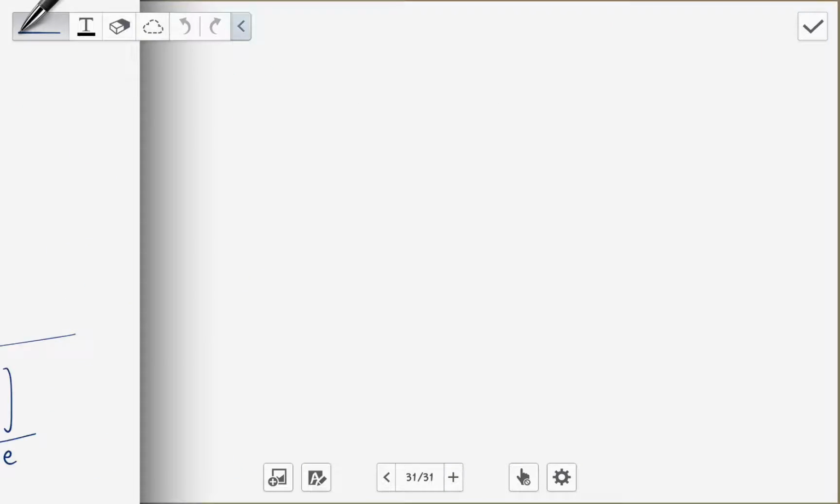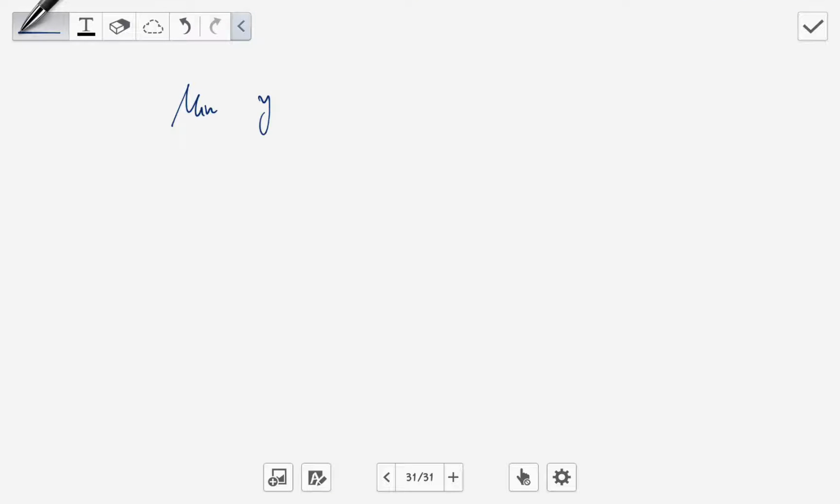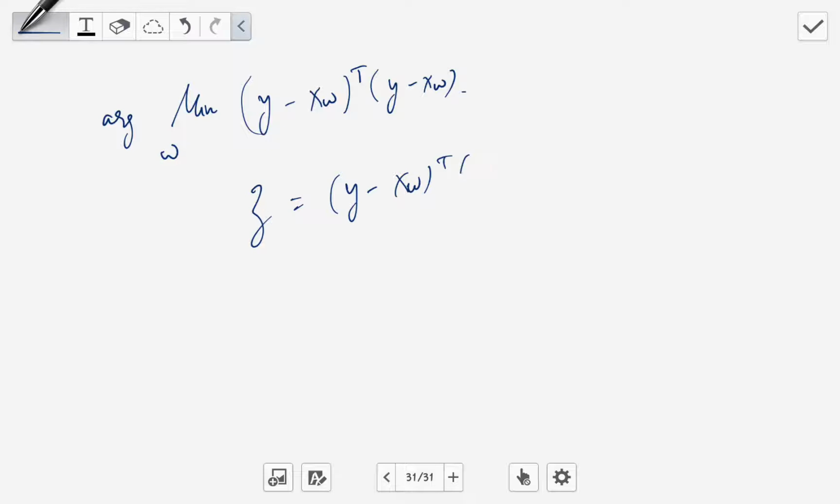So we want to minimize y minus xw, the whole transpose times y minus xw. Arg min. So we took z as y minus xw whole transpose times y minus xw. Now to find the minimum, we need to differentiate with respect to w. We need to set the gradient to 0. And then what is that?